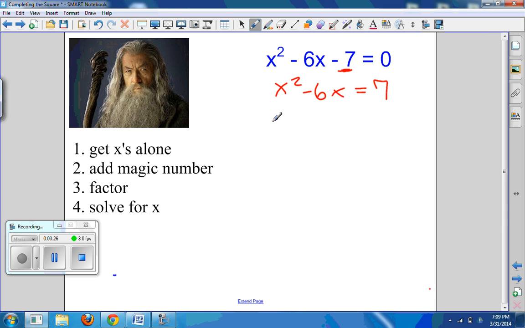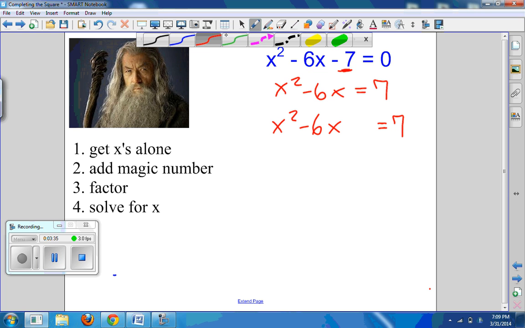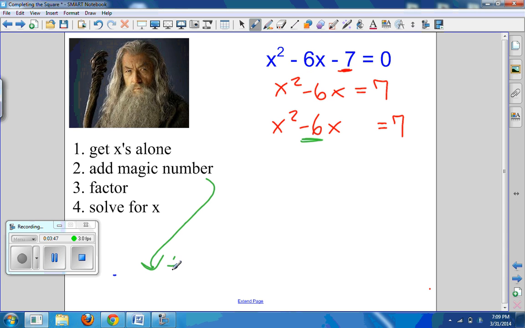So our magic number that we're going to add to both sides comes from this minus 6. We're going to take the number that's in front of the x there, and to get our magic number, Gandalf tells me we have to divide by 2, then square the number.